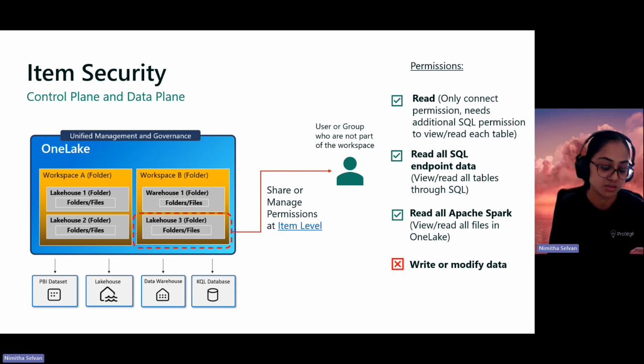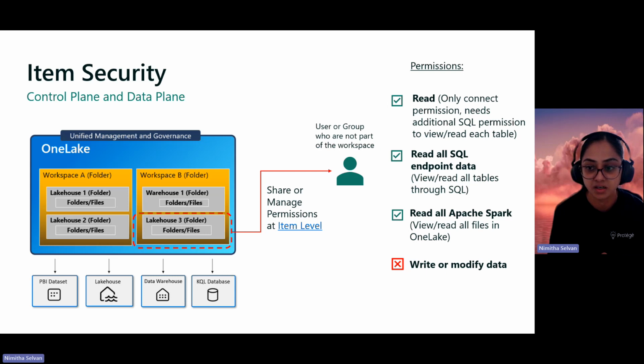You can use item permissions to give a user access to a single item in the workspace without needing to give them access to the entire workspace. One thing to note is that different Fabric items have different permissions. When you assign a user an item permission, it gives the read permission by default, but there are many other permissions that you can apply as well.